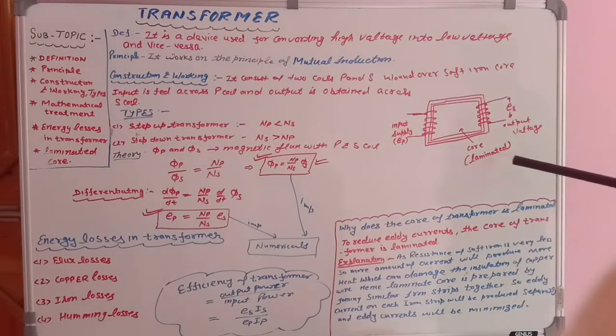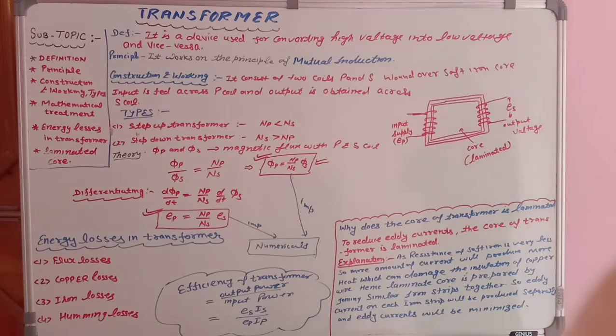Now what is the meaning of laminated? When you laminate your mark sheets, what do you do? You just put one more layer on your paper. For example, if I have my Aadhaar card and I want to laminate it, I put one more layer on it so that it will be safe. Same we are doing here.